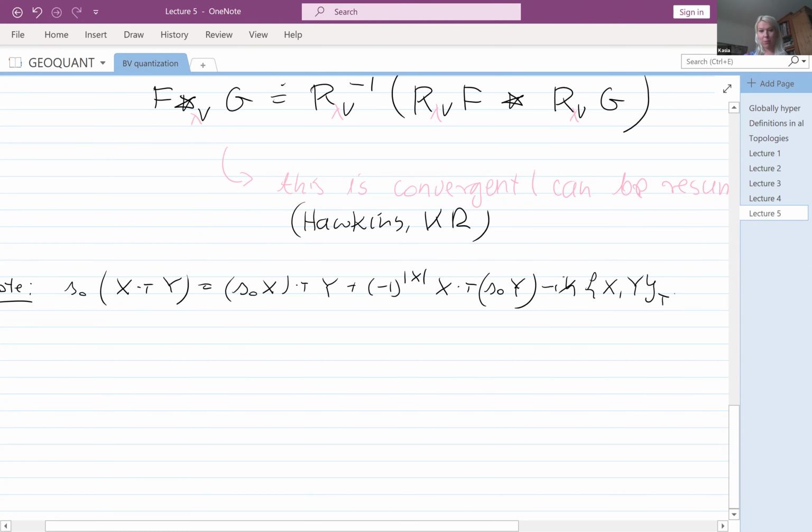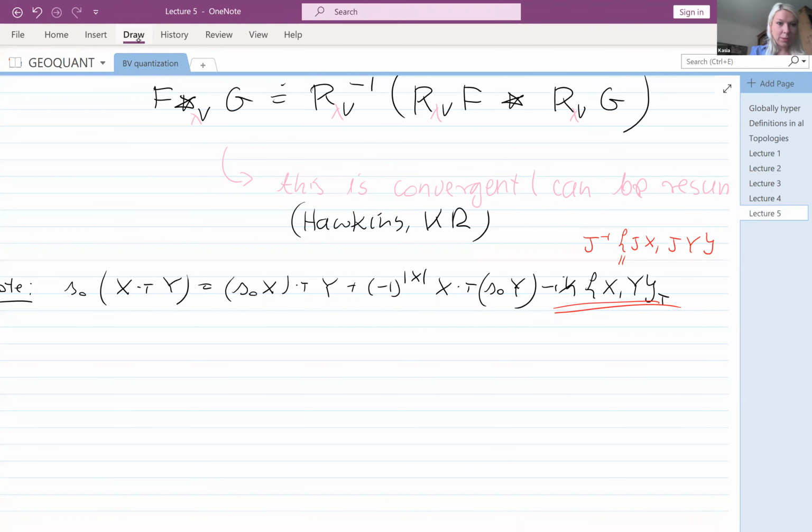Remember that we are working here in the situation where everything is twisted with the time-ordered product. Here, this is defined as T minus 1 of the bracket of Tx, Ty. This is the anti-bracket. So S0 is a derivation with respect to the time-ordered product modulo the bracket. And this is a very nice structure.